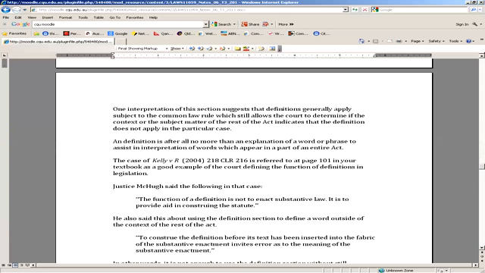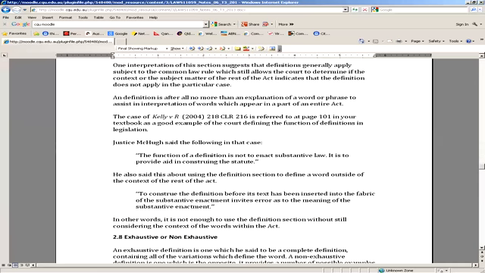They give an example here of Kelly and the Crown. So this was a criminal case, went to the High Court. It's mentioned at page 101 in terms of the function of definitions in legislation. Justice McHugh, who was also a High Court judge, now retired, said in that case, the function of a definition is not to enact substantive law, it is to provide an aid in construing the statute.